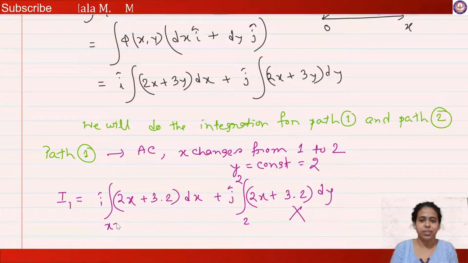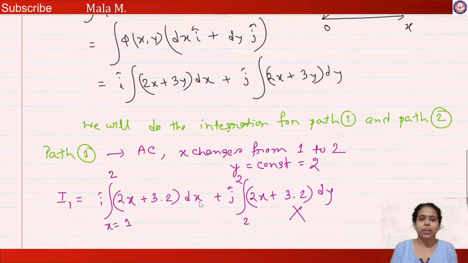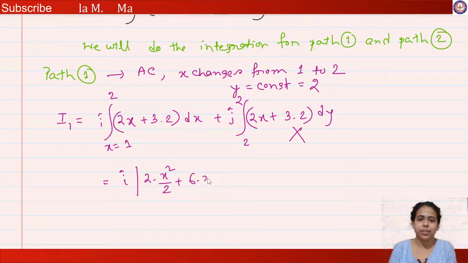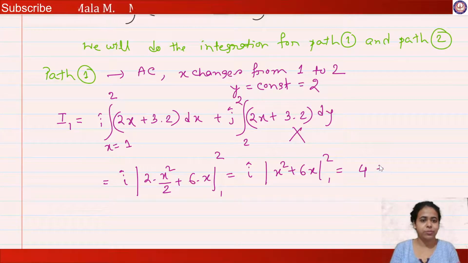The first part is for x from 1 to 2. So this is nothing but i cap into 2 into x squared by 2 plus 6 into x, from 1 to 2. This is i cap into x squared plus 6x from 1 to 2. 2 squared is 4 plus 6 into 2, 12, minus 1 squared is 1 plus 6 into 1, 6.